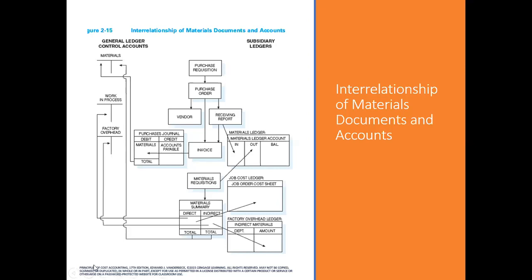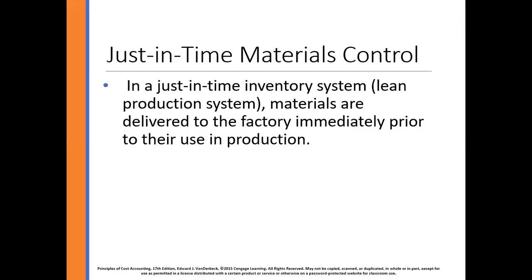The material summary, direct, indirect. Remember, direct materials get debited to work in process. Indirect materials get debited to factory overhead, and we got practice with those journal entries in chapter 1, and we'll continue to get more practice with them when we work on our exercises in this chapter as well.